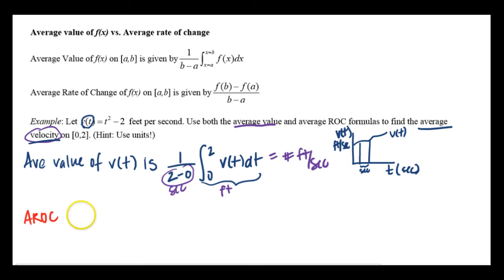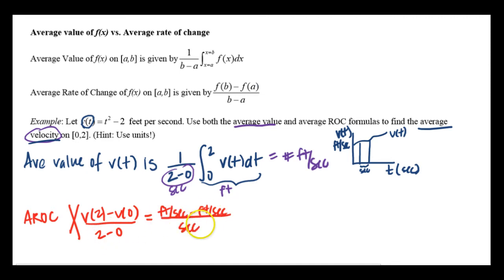Oh, I need average velocity. Let's do v of 2 minus v of 0 over 2 minus 0. This is incorrect. And again, let's think about units here. So v of 2 minus v of 0 is two velocities. So this is like feet per second minus feet per second over 2 minus 0, which is in seconds.